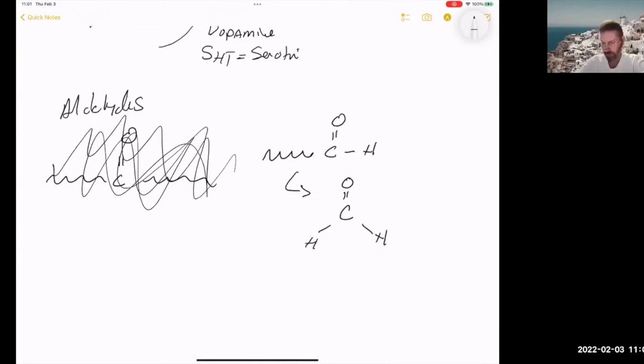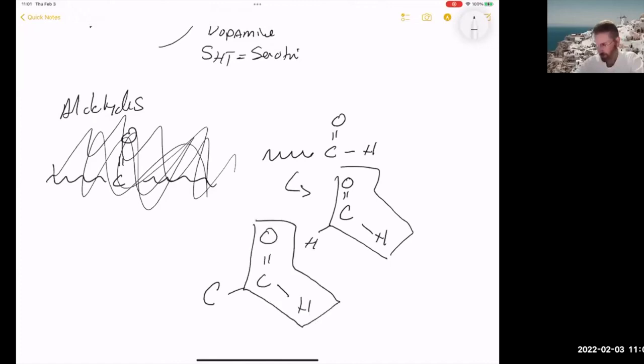So that's a formaldehyde molecule, and you can see the aldehyde group there. Another one is acetaldehyde, which is a common byproduct of certain kinds of metabolism in the body. So you can see here is the aldehyde group.